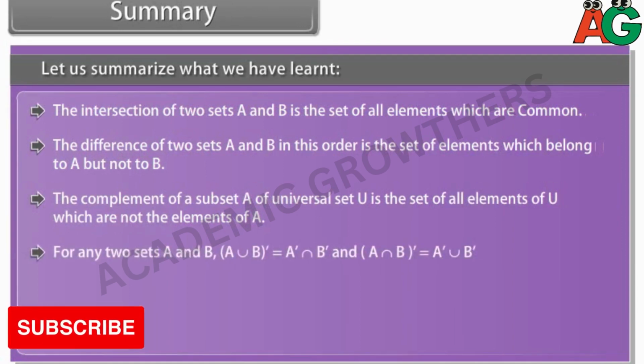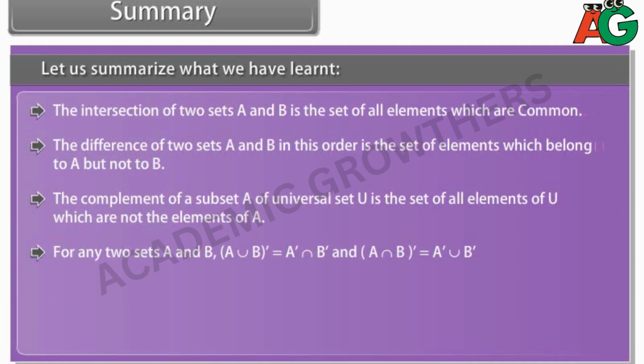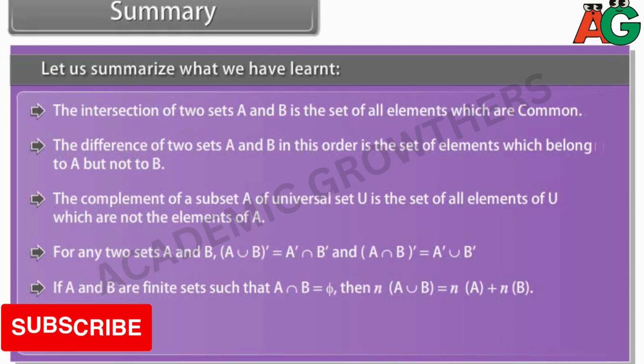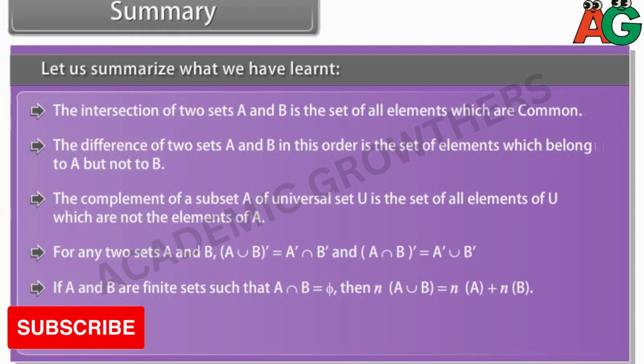For any two sets A and B, the complement of A union B is equal to the complement of A intersection the complement of B, and the complement of A intersection B is equal to the complement of A union the complement of B. If A and B are finite sets such that A intersection B equals phi, then n(A union B) is equal to n(A) plus n(B).